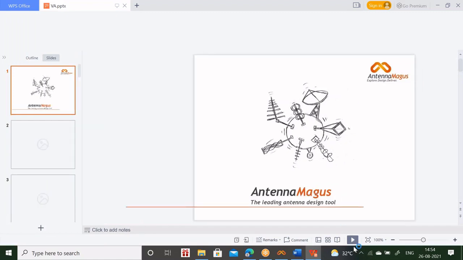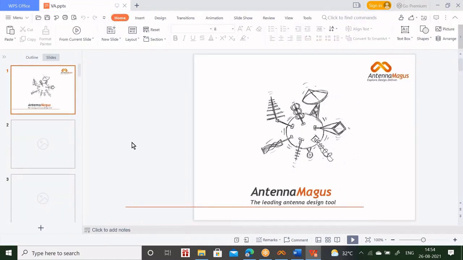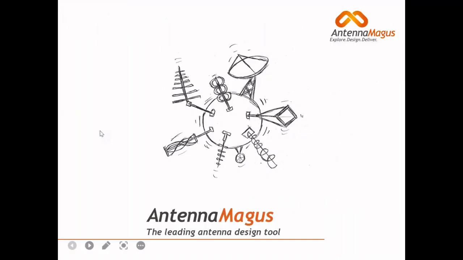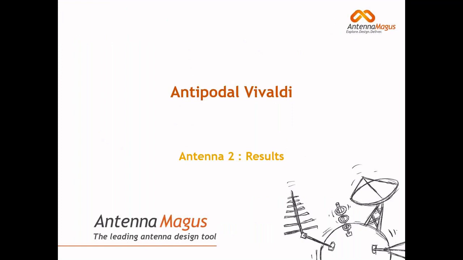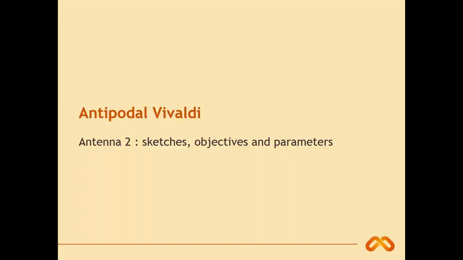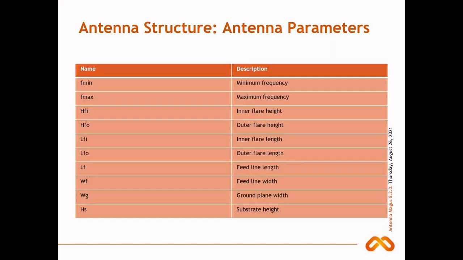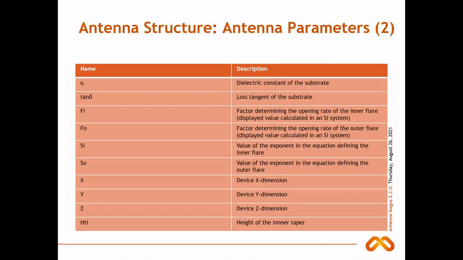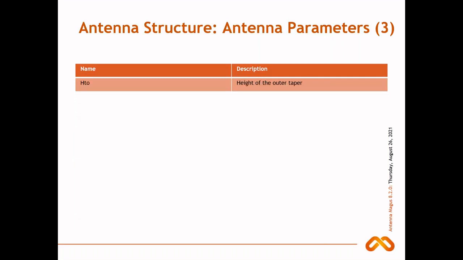Yeah, antenna Magus. You can see all the antipodal Vivaldi objects and parameters, sketches. You can see all parameters, whatever we have defined, whatever we have seen there, everything came to the PPT.